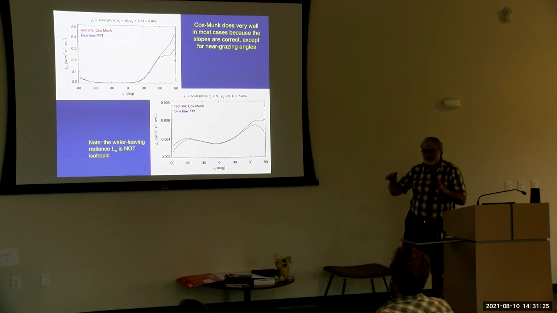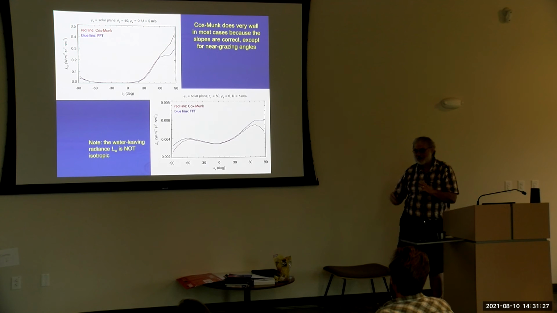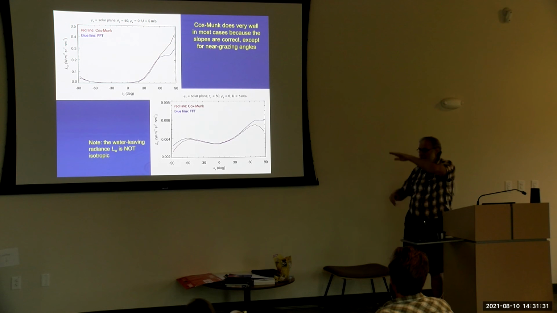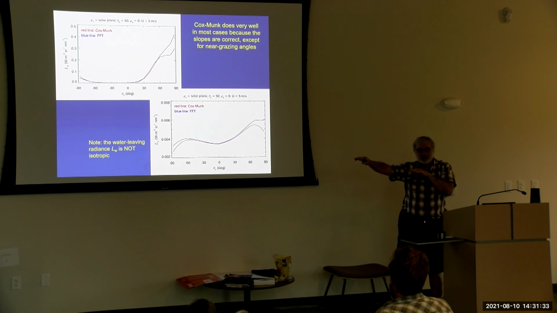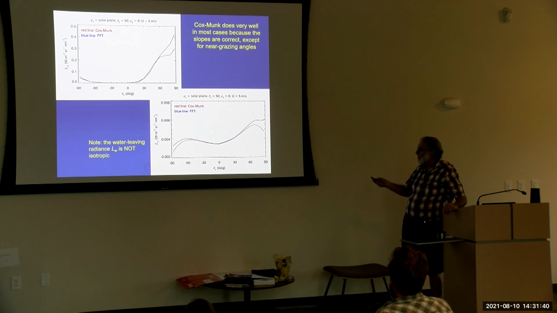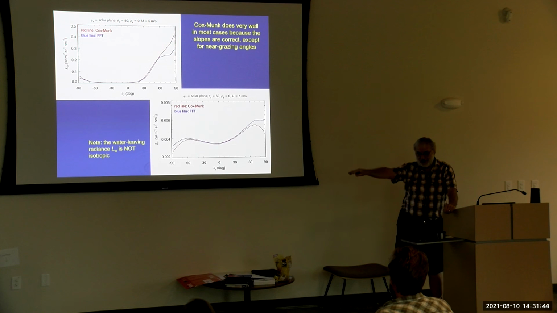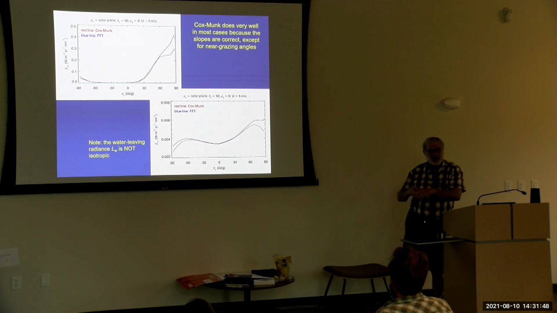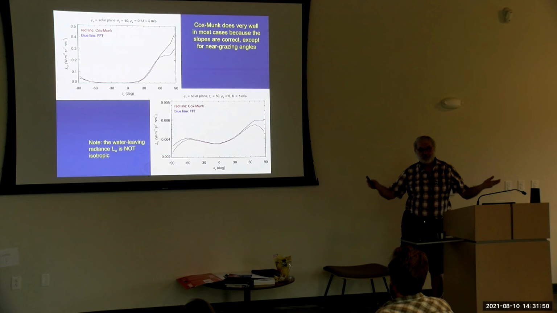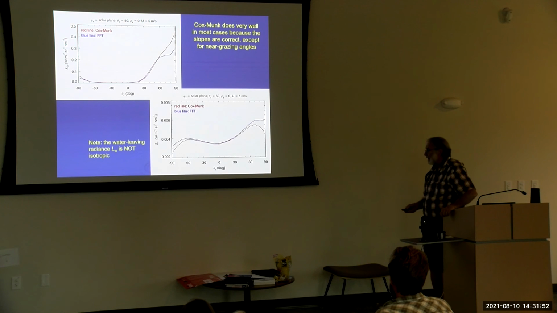And with the Cox-Monk equations, they only had the sun high up in the sky somewhere. They couldn't really get decent measurements when the sun was 5 degrees above the horizon. So if you use the Cox-Monk model, it's understood that it actually goes bad for the sun near the horizon or the viewing direction at near grazing angles, because you're beyond the limits of what they had data to model.